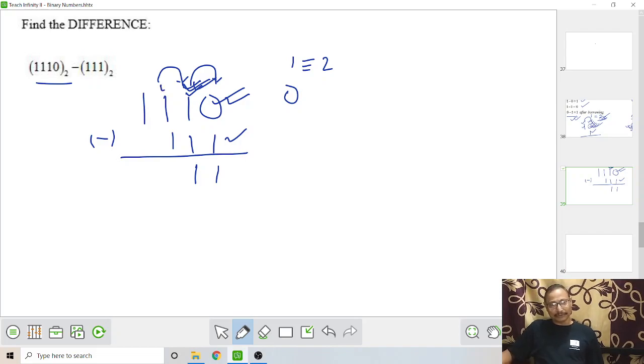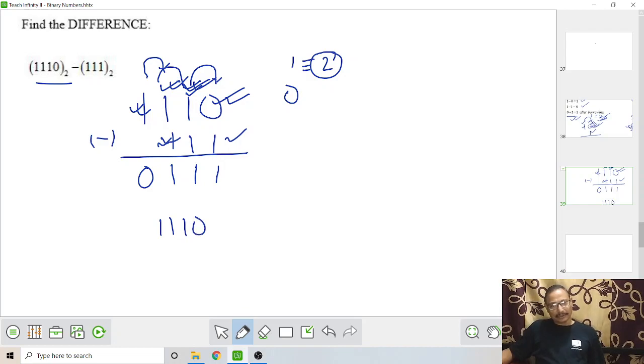Again you cannot subtract 1 from 0, so just feel it will take a carry from the left digit, and it will become equivalent to 2 in the decimal system, and subtracting this one from this 2 gives 1. And now at this place we simply have 0, so you may write 0 here, or you may not write anything. First of all, we should check the answer.